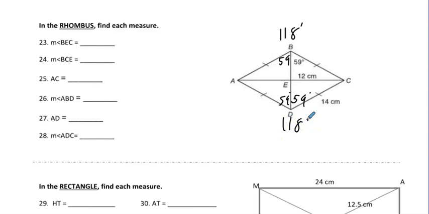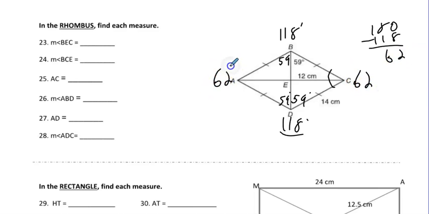Now, this angle here and this angle are supplementary. So if we do 180 minus 118, we'll get the angle on the outside. That's 62. So this is 62 and this is 62 degrees. Which means that since the angles are bisected, each of these smaller ones is 31.